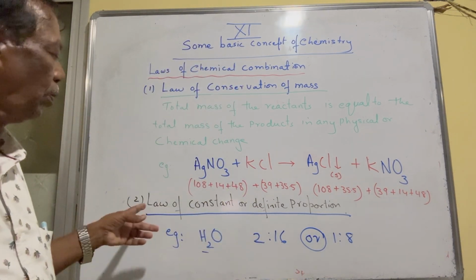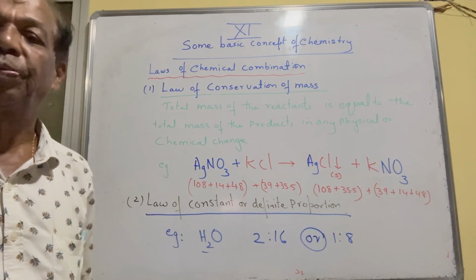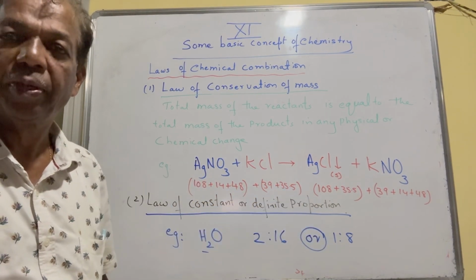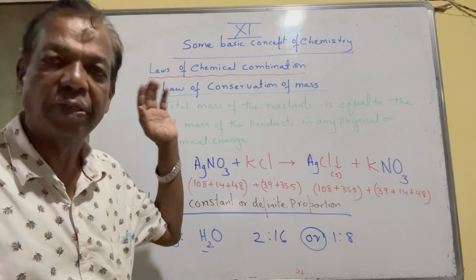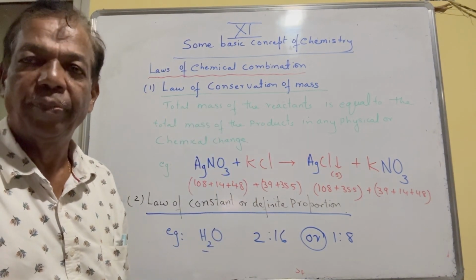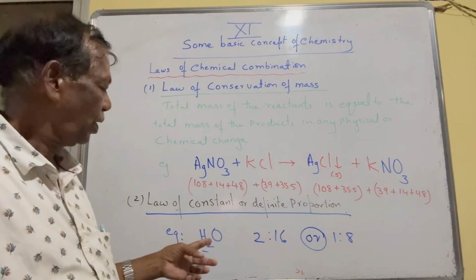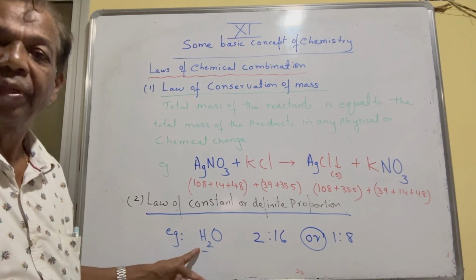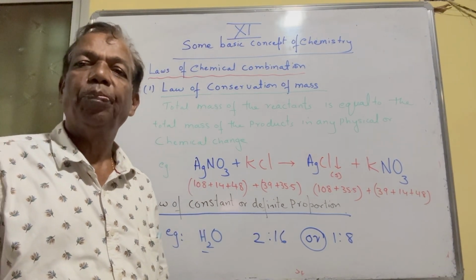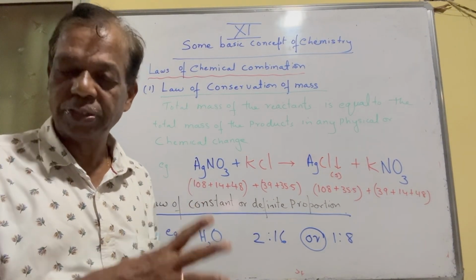Now what does this law of constant or definite proportion tell you? Whatever may be the method of preparation, you can prepare it by different methods. The pure chemical compound contains the same elements combined together in the same proportion by mass.